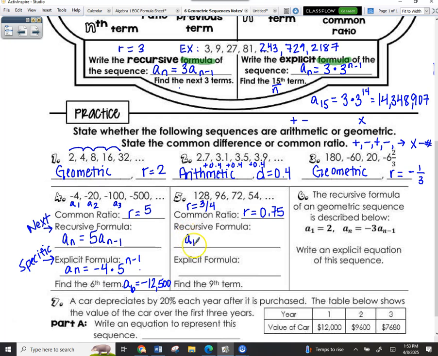Recursive, A sub n, all I need is R. You can put 3/4 or you could put 0.75. It's up to you. Times A sub n minus 1. Explicit. What's the formula for explicit?